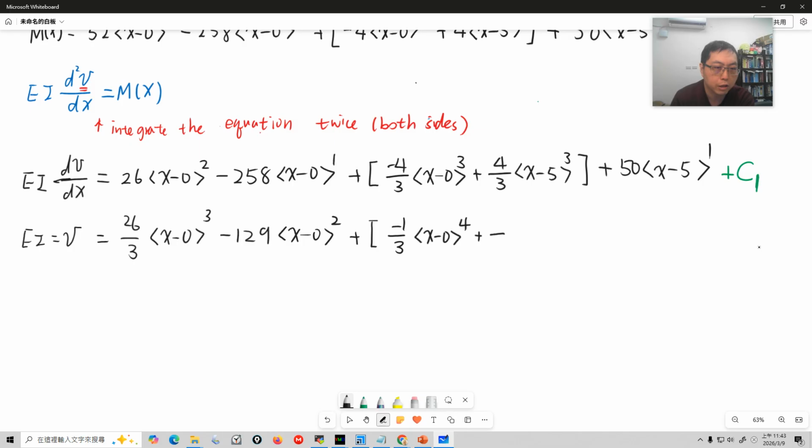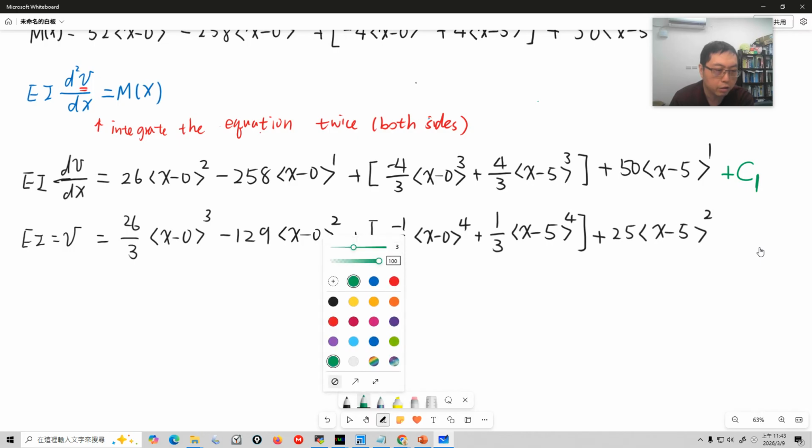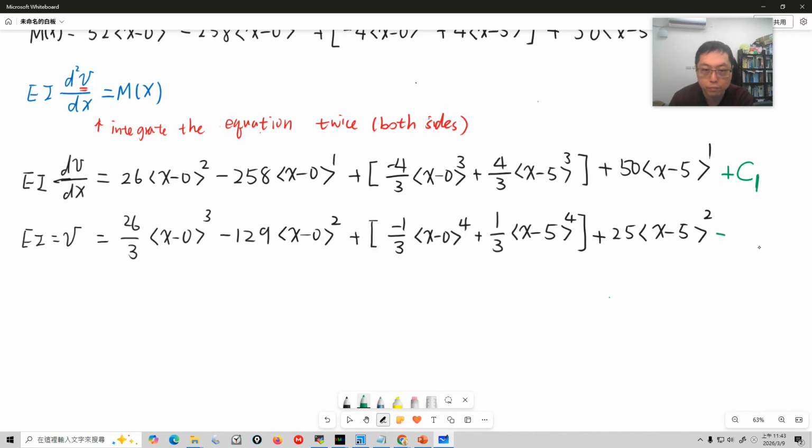I won't say this calculation is very difficult, but it really takes time. And here we have another undetermined constant: C1 x, but also another undetermined constant, C2. So you have two undetermined constants.